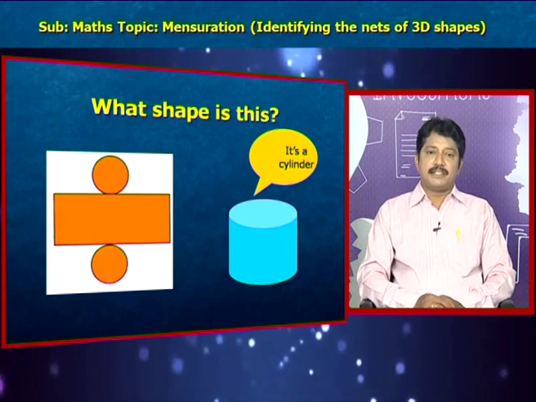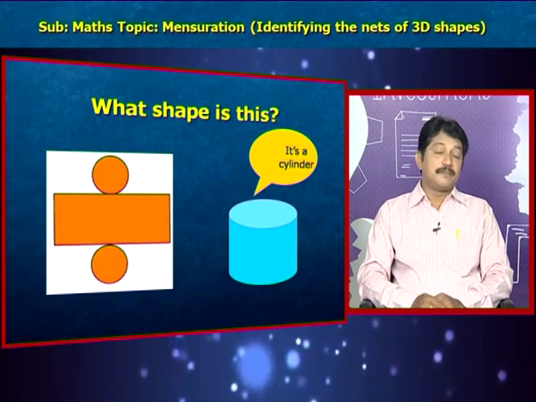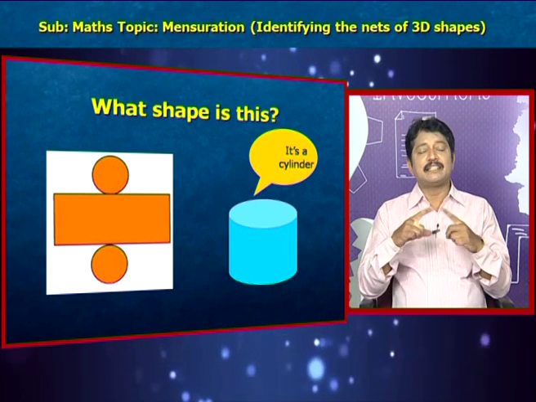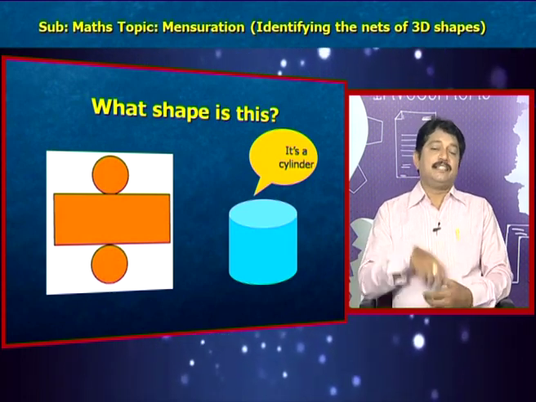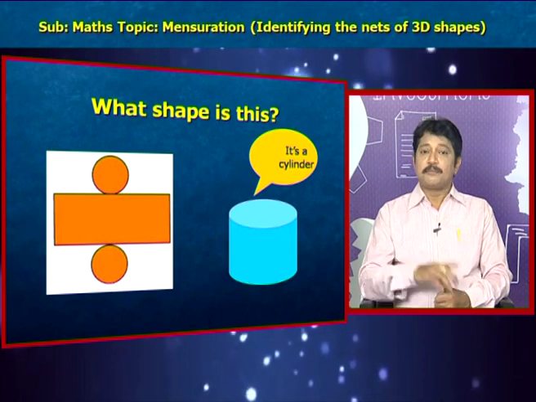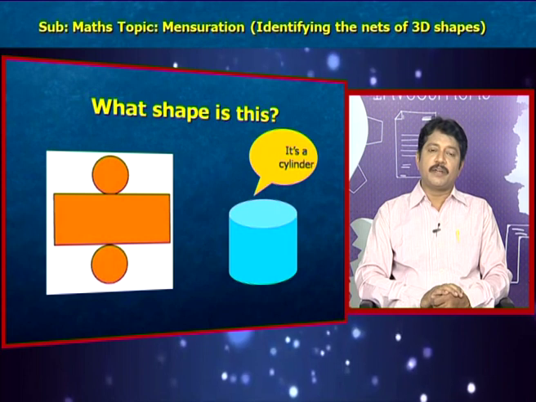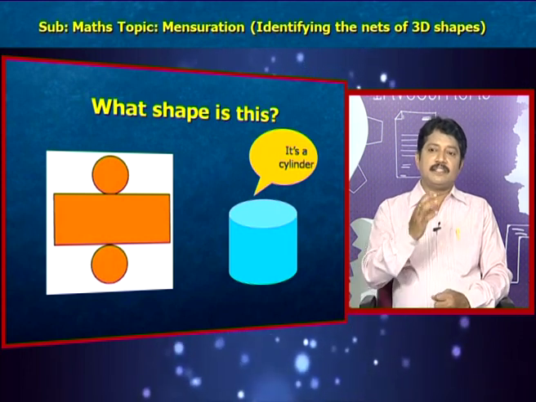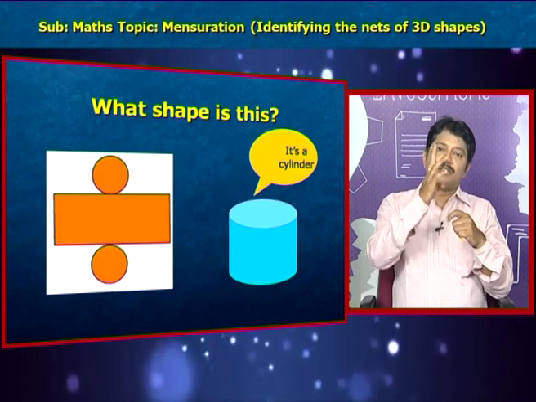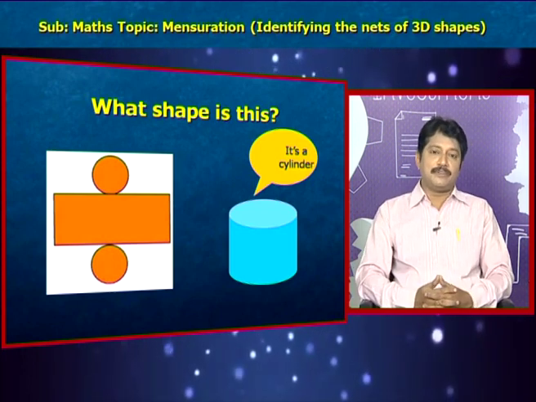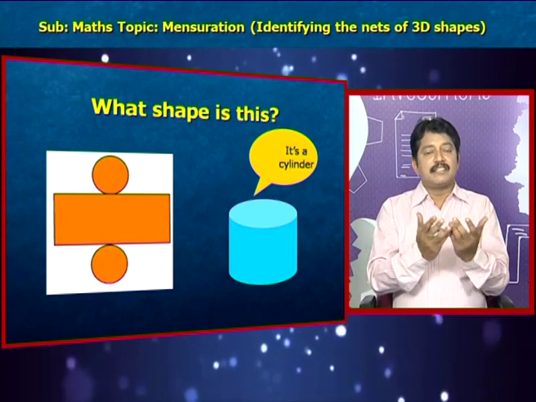Now, we will check this. What shape is this? This is very important. Previously you observed a curve, which is nothing but a sector and a circle. A sector and a circle give a cone. But here, a rectangle and 2 circles are added. For example, think of a shuttlecock container. When you cut it vertically, what you observe is that it opens into the form of a rectangle.